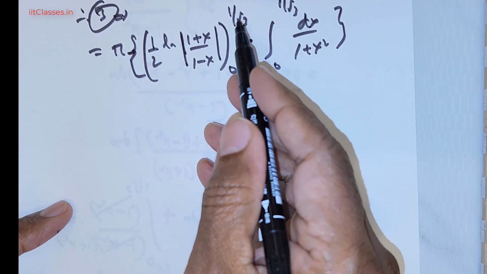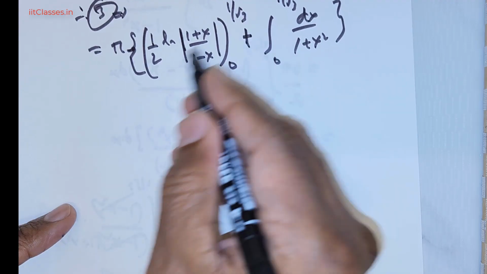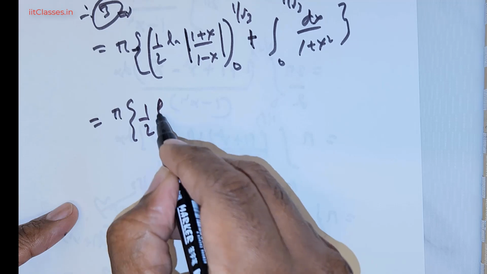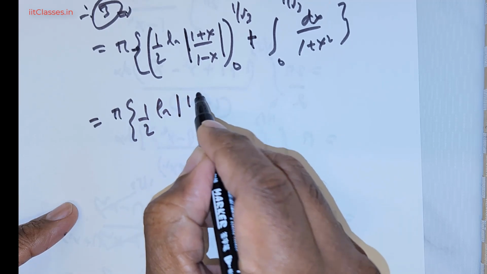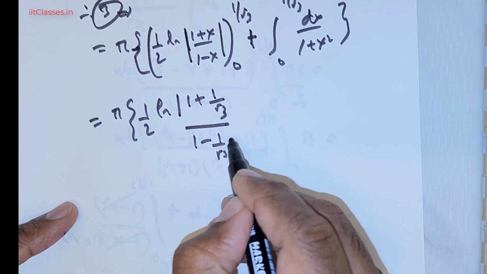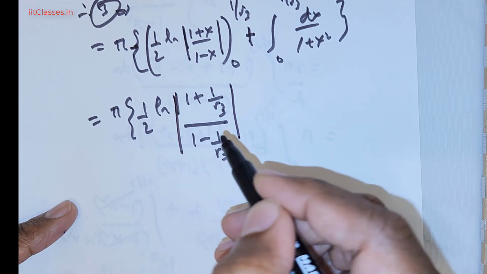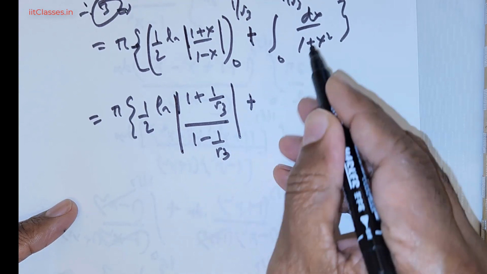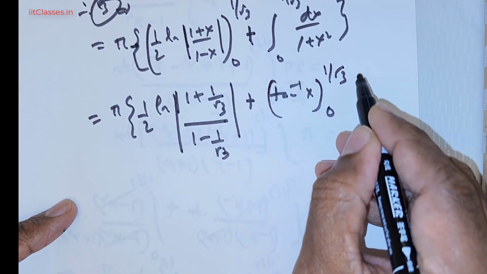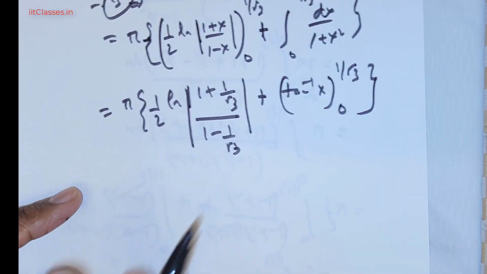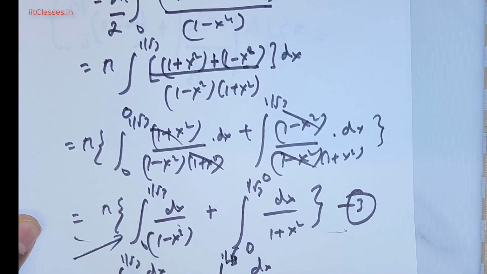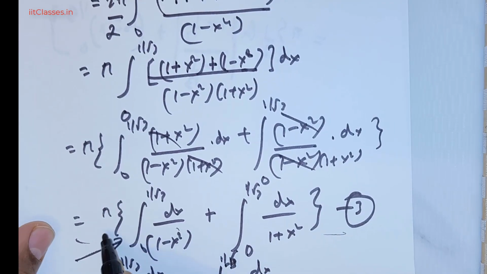So now we will have to substitute the upper limit. So this is going to be pi times 1 over 2 times ln modulus of (1 plus 1 over root 3) divided by (1 minus 1 over root 3). Okay, the modulus is running all through. So plus, this is going to be tan inverse of x, the limits are 0 to 1 over root 3. Pi is actually a product, pi is going all the way down.